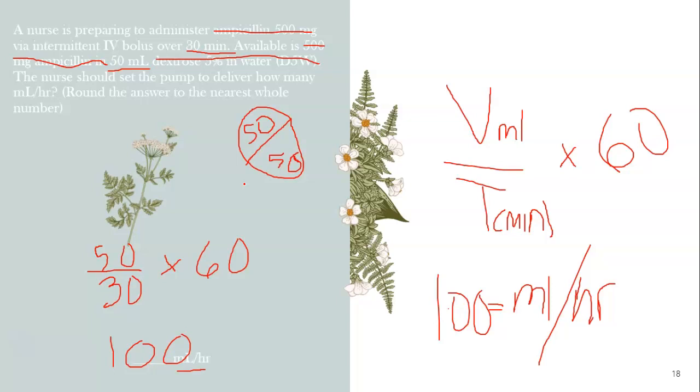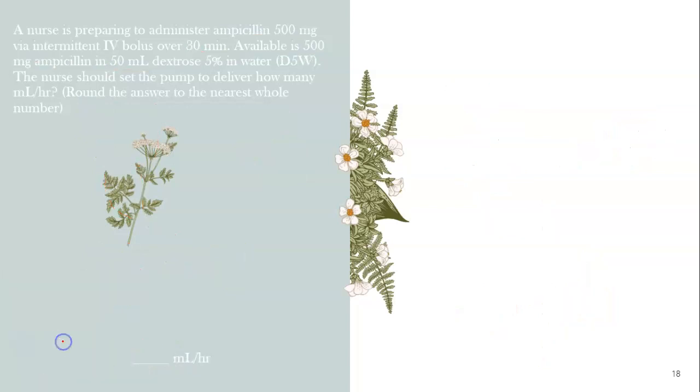So at the end of 30 minutes, this little bag will be empty and your big bag will start to flow again. Okay? So you are just tricking the pump that this one's gone. Now switch over here and it will continue to flow your regular fluid. It's a trick to make sure that the pump pumps it faster than what you could set it because the pump is running per hour. The pump doesn't run in minutes. Okay.